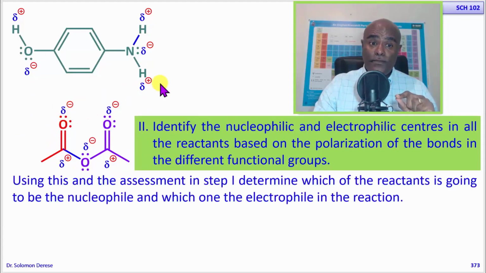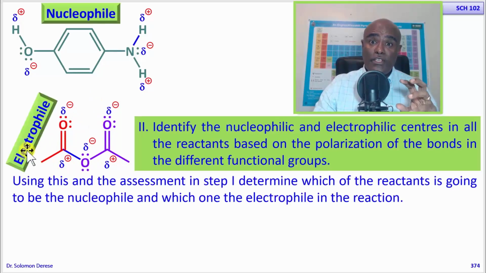So using this analysis and assessment from step 1, we determine which of the reactants is going to be the nucleophile and which one is going to be the electrophile in the reaction. Okay, so this analysis will tell us this one is going to be the nucleophile while this one is going to be the electrophile.